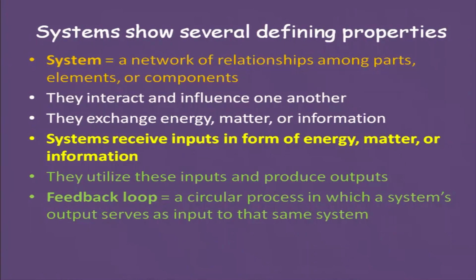Feedback loop: a circular process in which a system's output serves as input to that same system. So, this feedback system is extremely important. The interaction between systems will also influence the system.